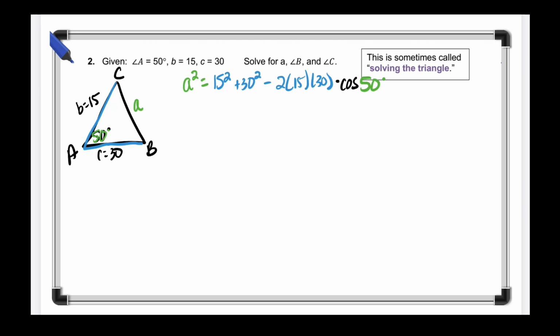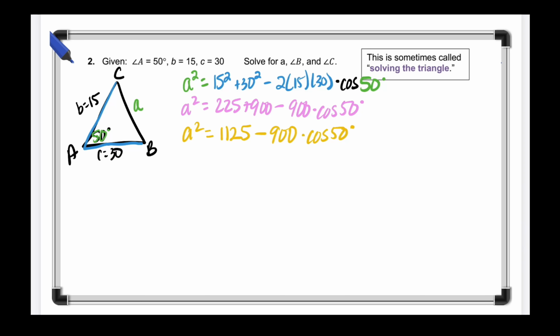So let's solve. You get A squared equals 225 plus 900 minus 900 times cosine of 50. What we'll have then is A squared equals 1125 minus 900 times cosine of 50.